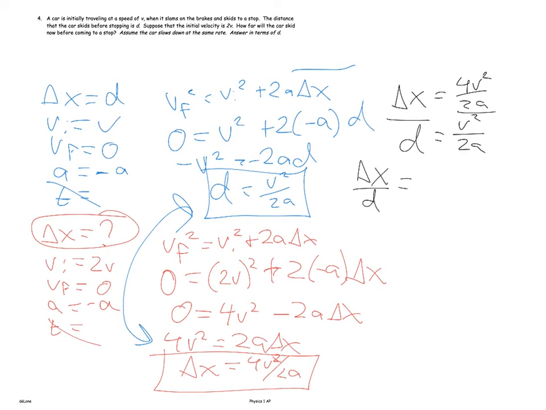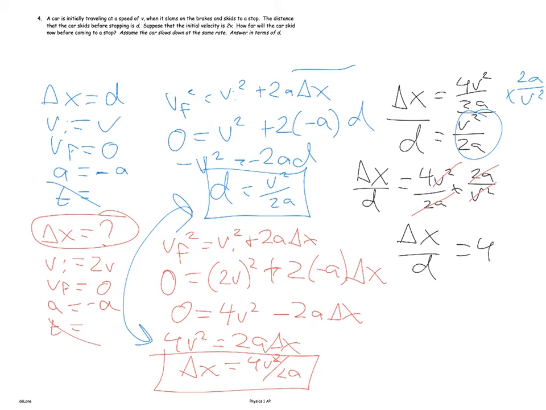And on the other side, dividing by this v squared over 2a is really the same as multiplying by the reciprocal, 2a over v squared. So what I'm going to get on this other side is 4v squared over 2a times 2a over v squared. Well, the 2a's divide out, the v squareds divide out. What I'm left with is delta x over d equals 4, which means that delta x equals 4d.